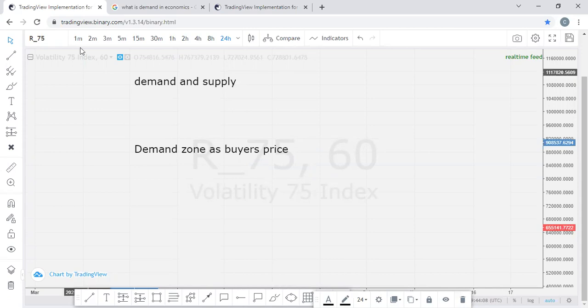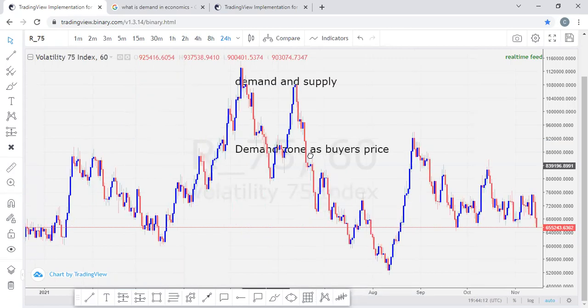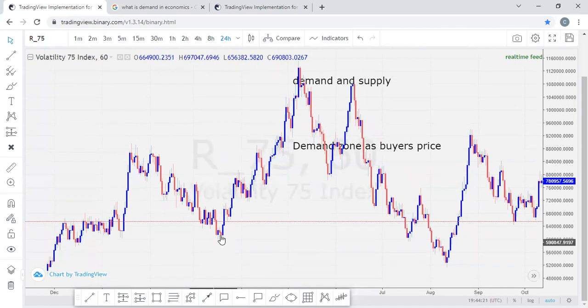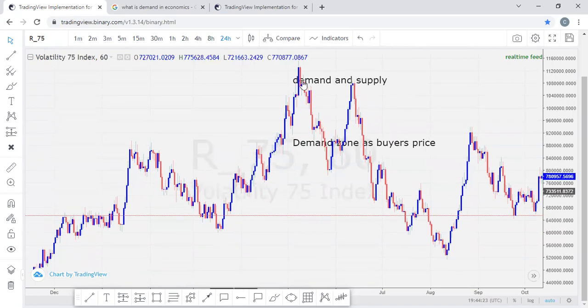For instance, look at this chart. If you look closely at this point, we can see that the market was trending downwards, and then it came to this point. And look at what happened. The market bought from here. So this zone here can be likened to a demand zone, because this is where buyers were willing to buy this market and buy it all the way.